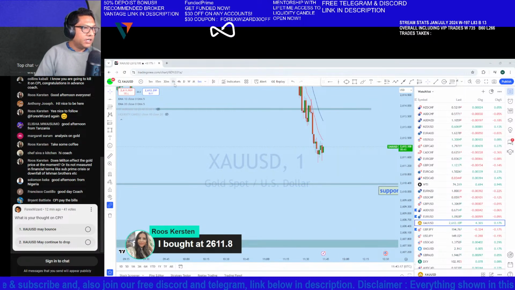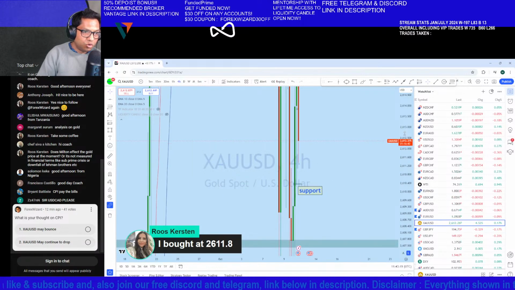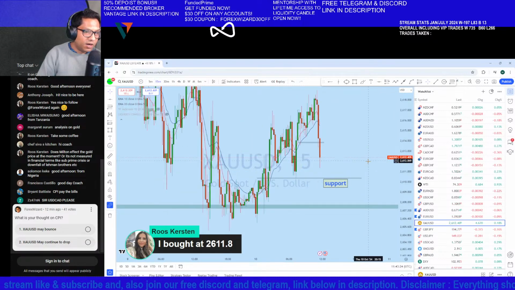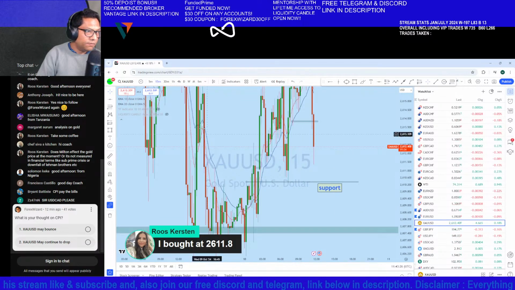Okay, still waiting for the market to drop to that support, which is very important, to see that the market has dropped to that support level.